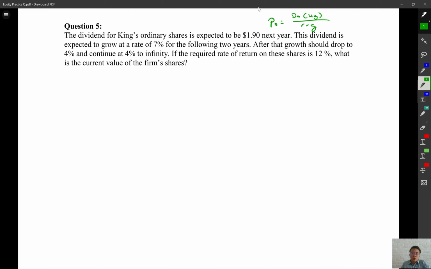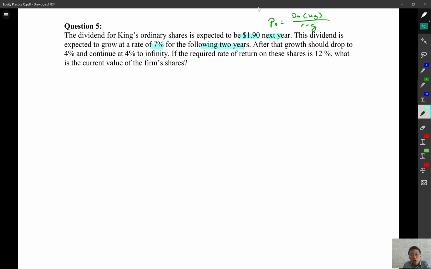In this question, which is a common question that you need to gain mastery over, they say the dividend for King's ordinary shares is 190 next year. This dividend is expected to grow at a rate of 7% for the following 2 years.